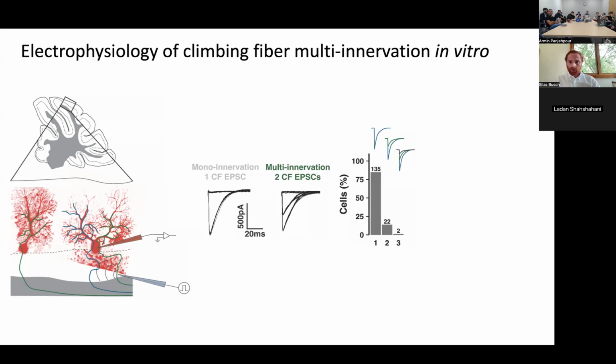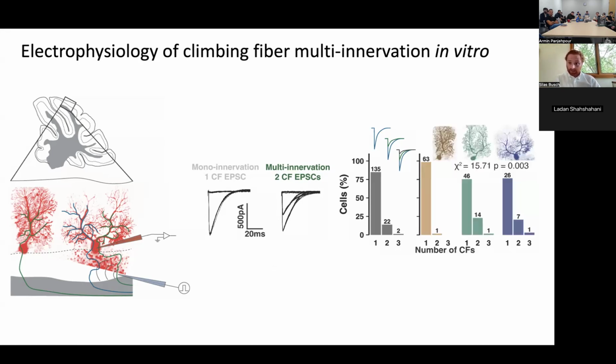So while I'm doing these recordings, I'm also filling these cells with a dye, so I can use a confocal microscope that's built into my ePhys rig, so I can image their morphology. And then I can split out the cells by morphology, and you observe that virtually all of the cells that receive the multiple climbing fibers are indeed these split and polydendritic cells, these cells that have multiple primary dendrite compartments.